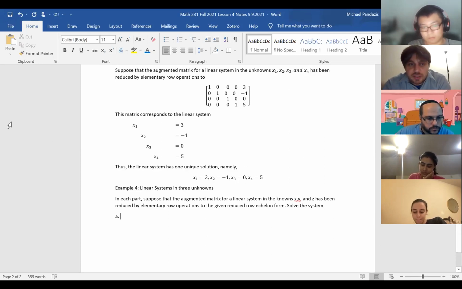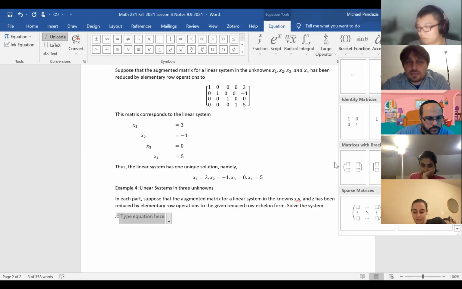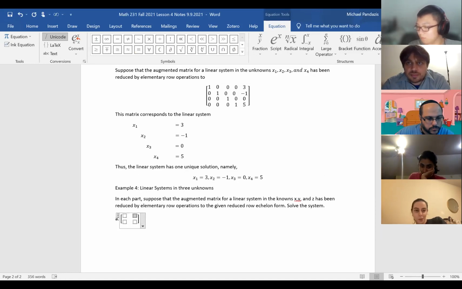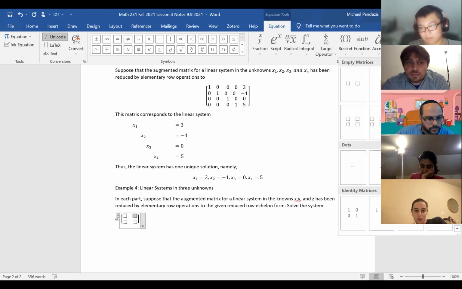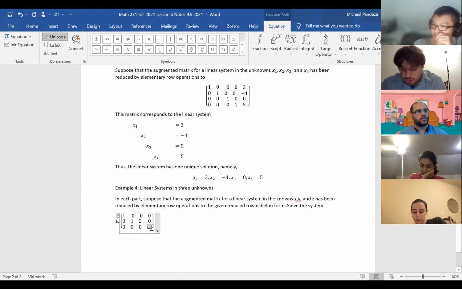So we have this matrix in reduced row echelon form. Okay, so you have that. So now let's look at one. I've got to put in the entries 1, 0, 0, 0, 0, 1, 2, 0, 0, 0, 0, 1.